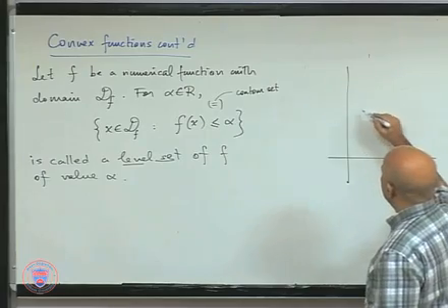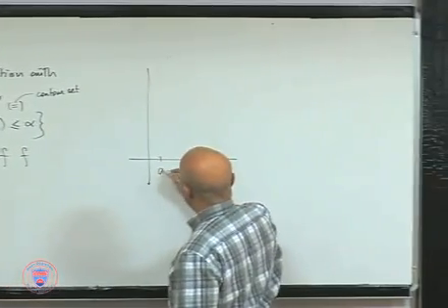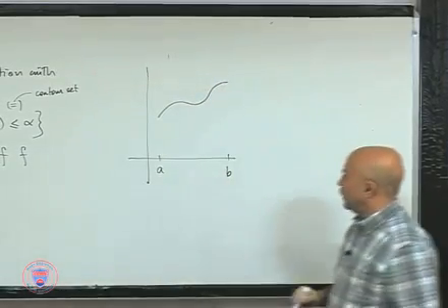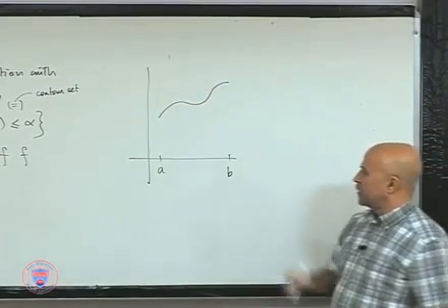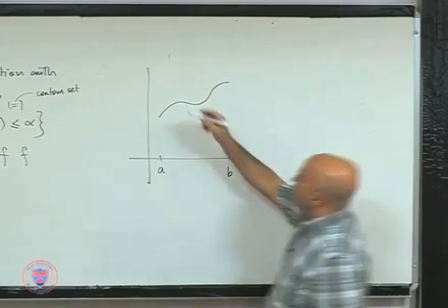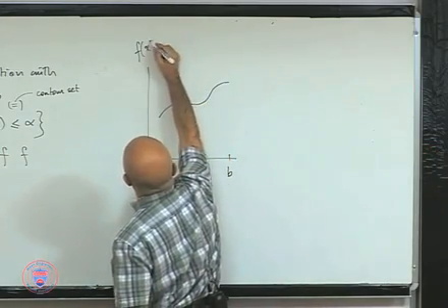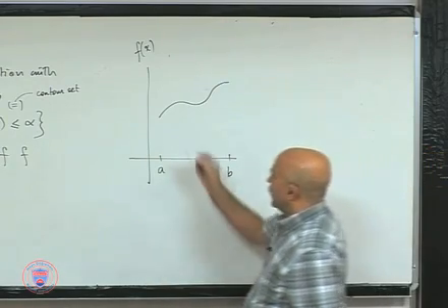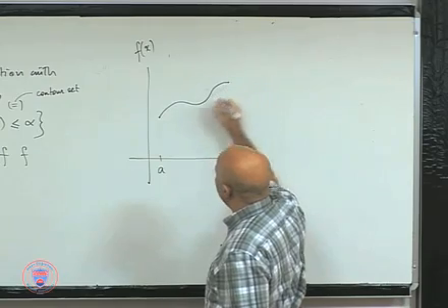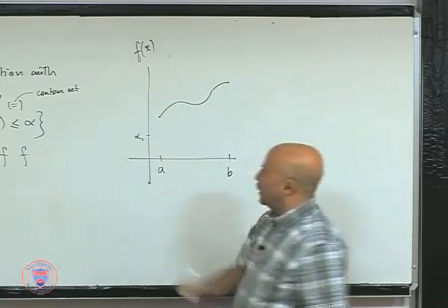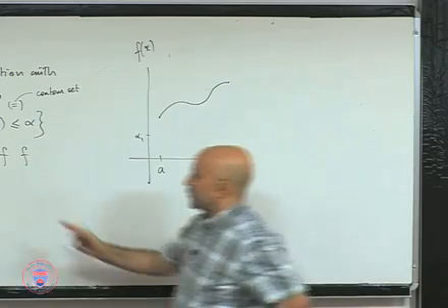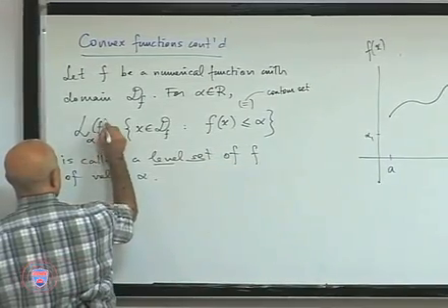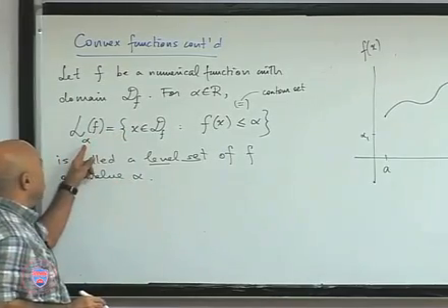Suppose your function looks something like this in a domain AB. So my domain is the interval A to B, and this is my f of x on this axis. So you pick an alpha. For example, let's call it alpha 1. Let's give a name to this set. Since it's a level set, let's call it the level set of the function f of value alpha.